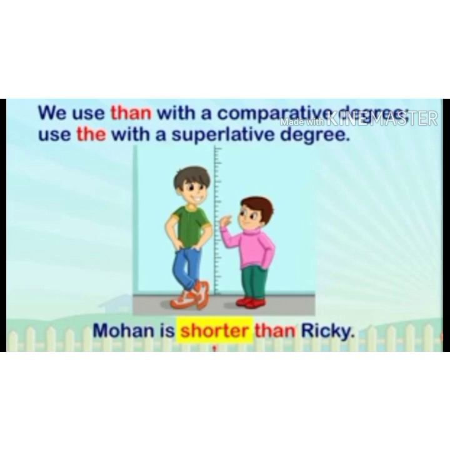So here we use than, where we are using a comparative degree. Remember students, whenever two people or two things are compared, we use the er form of the adjective, and the adjective is followed by than. So it's a comparative degree of adjective.